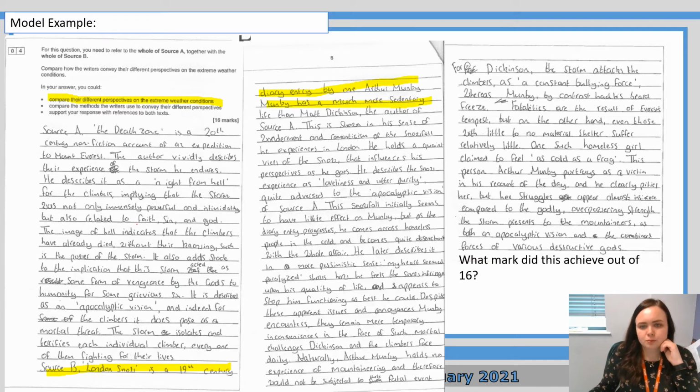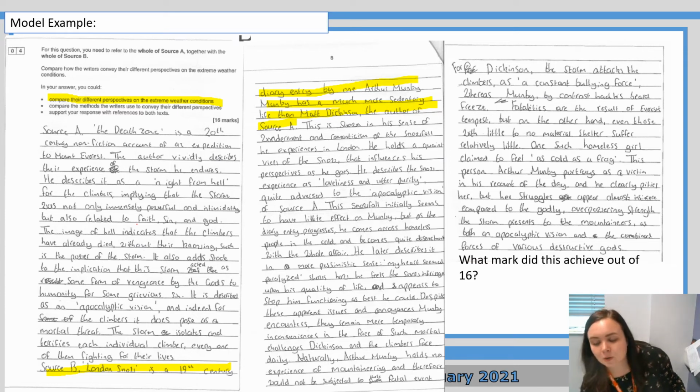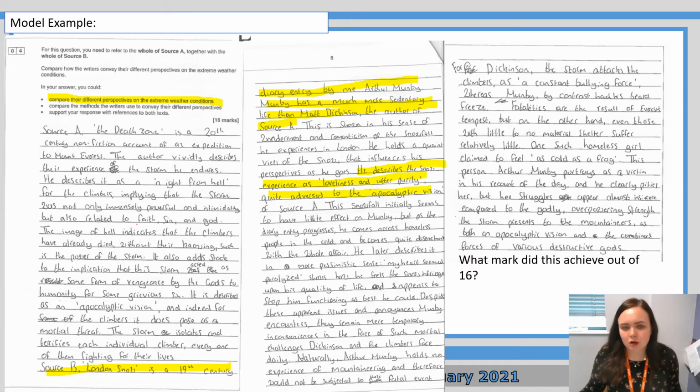Mumby has a much more sedentary life than Matt Dickinson, the author of Source A. So that's the first comparison, and what he's saying is basically one is experiencing a much calmer version of life than the other. Okay, and then we can say here, where he says he describes the snow experience as loveliness and utter purity, quite adverse to the apocalyptic vision of Source A. There's a comparison there. He later describes it in a more pessimistic view, appears to be stopping him functioning, despite this apparently.